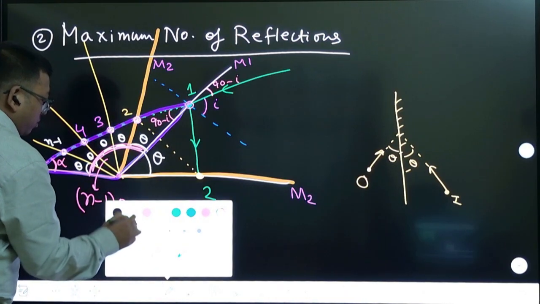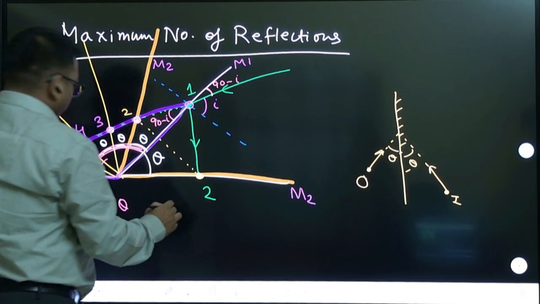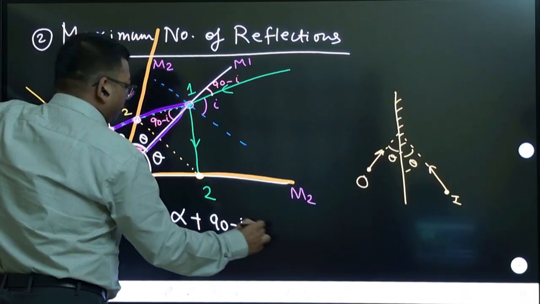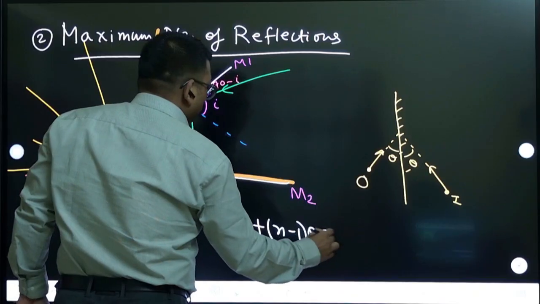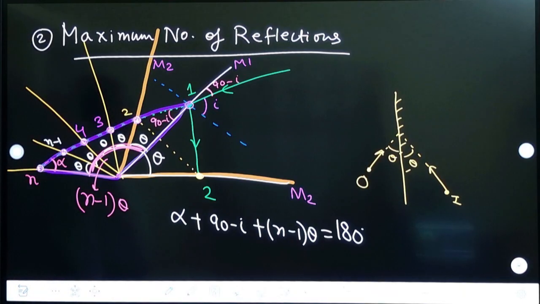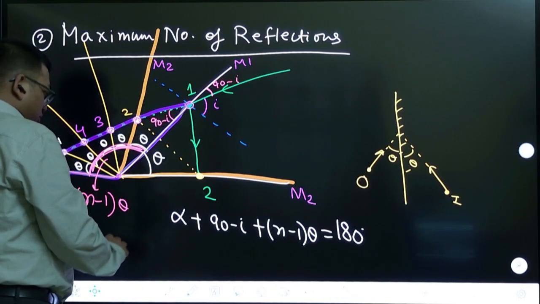Now because this is a triangle, the sum of all these angles must be 180 degrees. So alpha plus 90 minus I plus n minus 1 into theta must be 180 degrees. Clear? Once you get this idea, then try to solve.